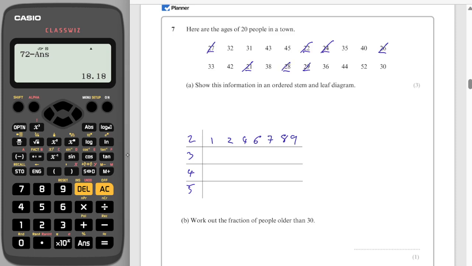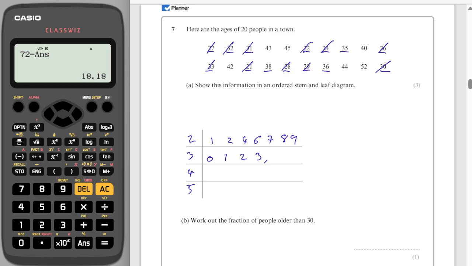Then if I do the same for my 3s, then 1, 2, 3, 4, 5, 6, 7 values. So my smallest is 30. My next smallest one is then 31. I've got a 32 as well. Only one 32. Then I've got a 33.